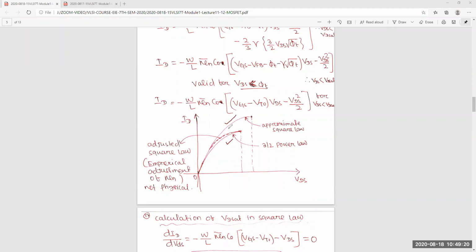That's why they have to adjust with an empirical mu n. In the model parameters, the mu n value they give is actually less than the physical mu n value, so that your current and your threshold point will be the same for both the square law and the 3/2 power law.